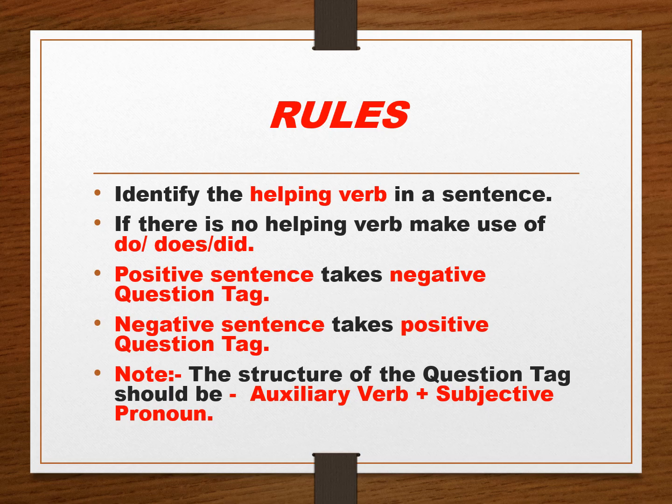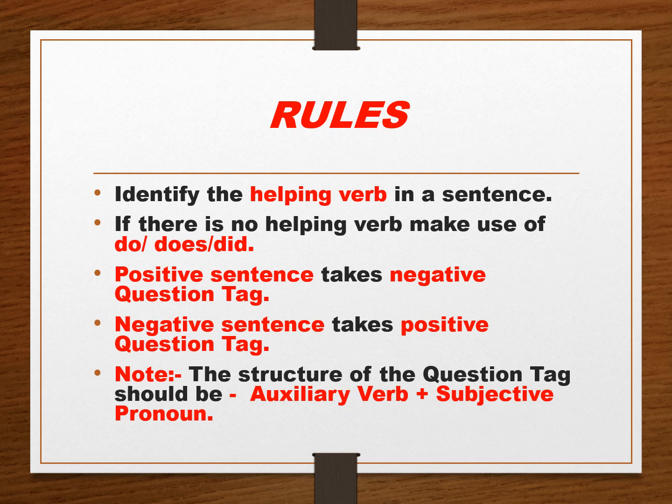But how do you identify whether the given sentence is negative or positive? If a sentence includes words like no, not, never, seldom, rarely, we consider those sentences as negative sentences. If such words are not there, then it is a positive sentence.